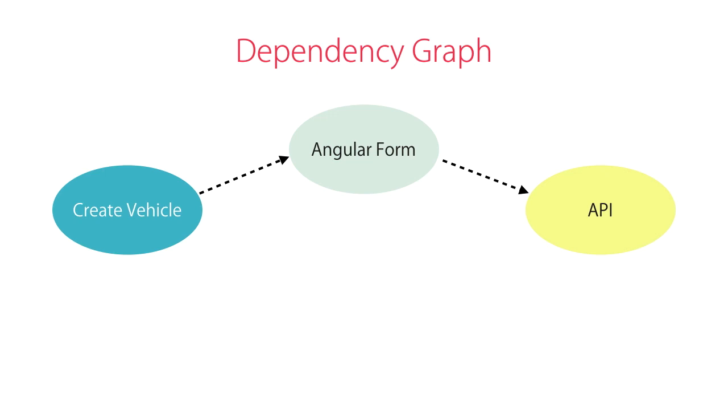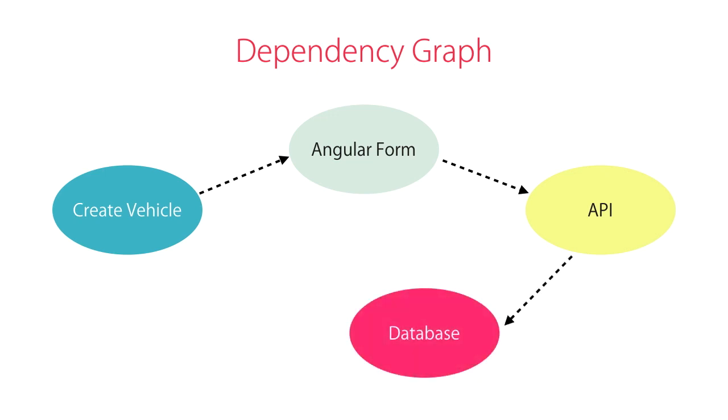Next, in order to build this API, we need a database to store our data. But how do we create our database? We're going to use Entity Framework Code First Migrations. So, first we create our domain model and then use Code First Migrations to generate or update our database. This is the approach that I always follow in every project.